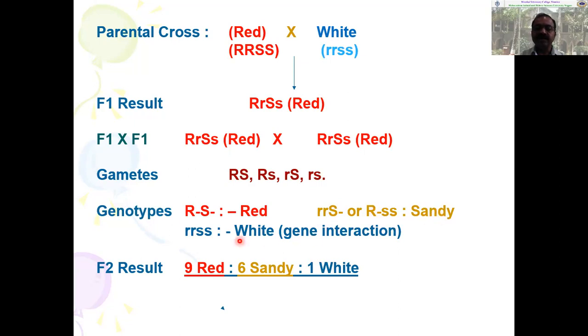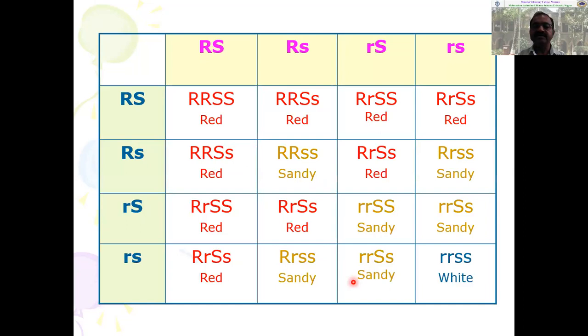But whenever both alleles are homozygous recessive, small r's and small s's, it is a white color due to the gene interaction. So here we can expect 9 red, 6 sandy, and 1 white. So it is a duplicate recessive epistasis with a gene interaction, or you can say incomplete duplicate recessive epistasis with a gene interaction is the example.